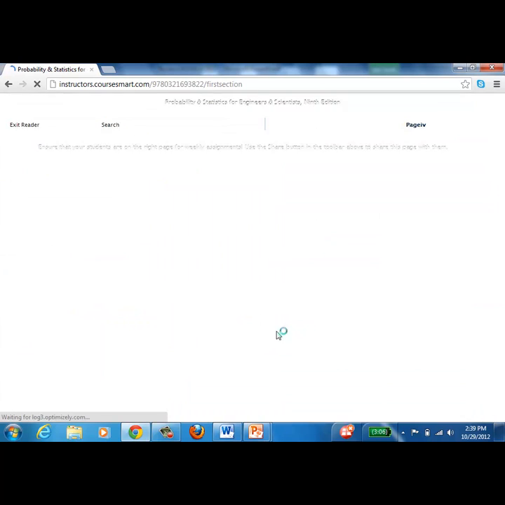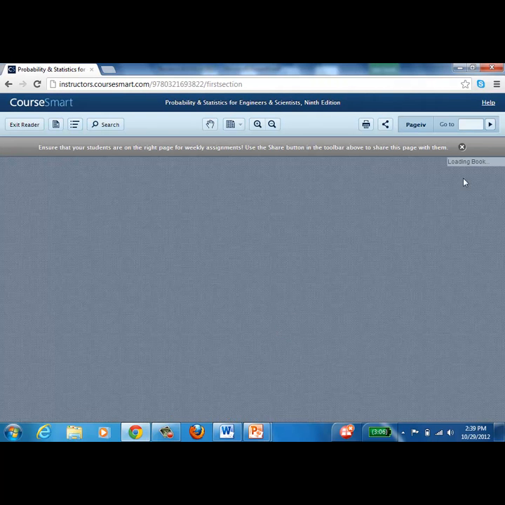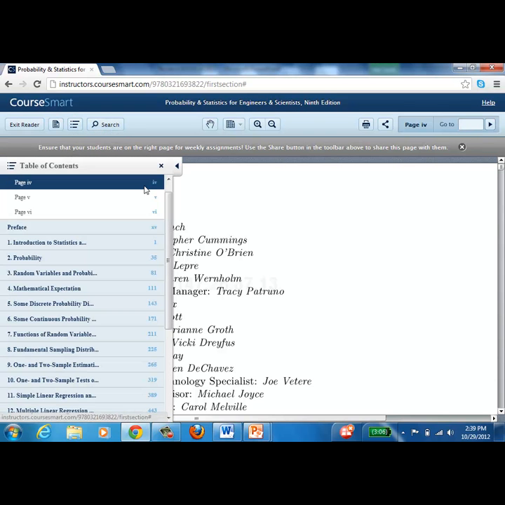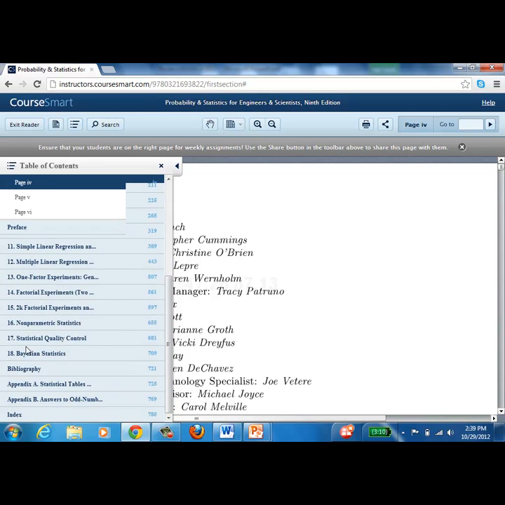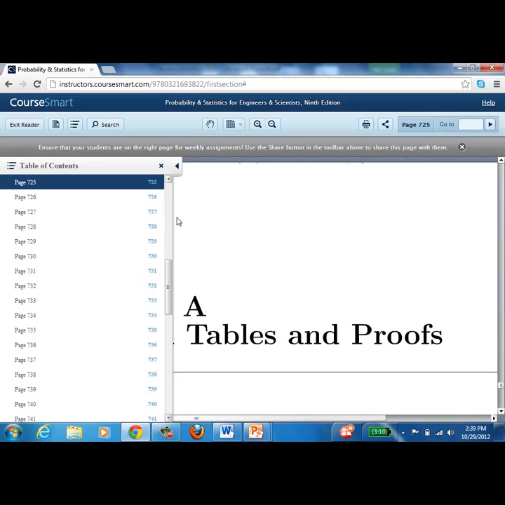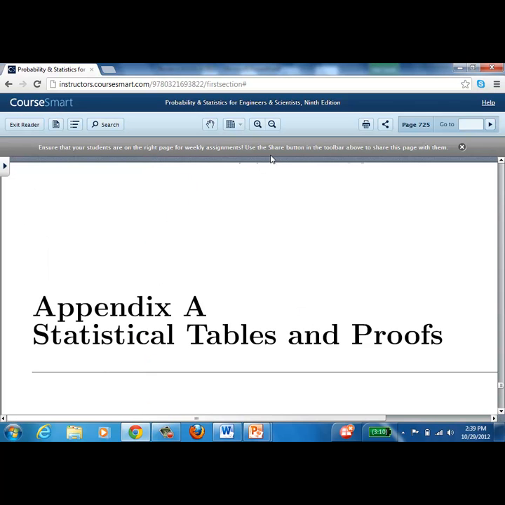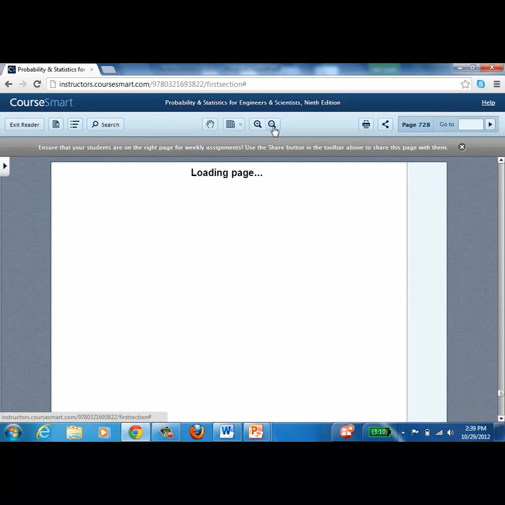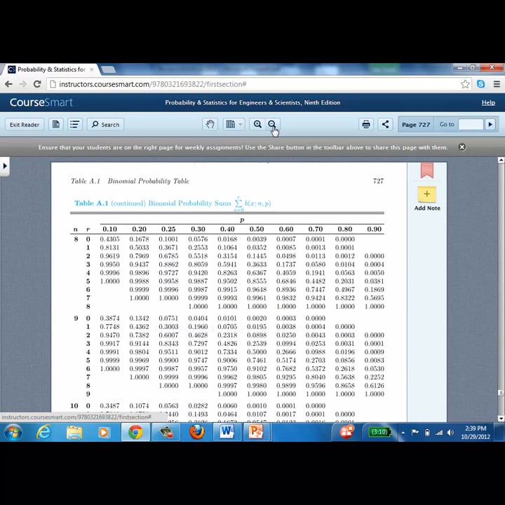So do you have the page from the textbook? Let's see. Table A1. Okay, so this is the table for the binomial. Yes, and it's table A1.